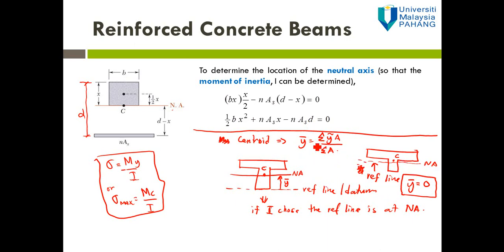So what happens? In the centroid equation, y bar will be equal to 0, because the reference line is located at the same location as the neutral axis. So y bar equal to 0 is equal to the summation of yA over the summation of A, so from here the summation of yA is equal to 0.